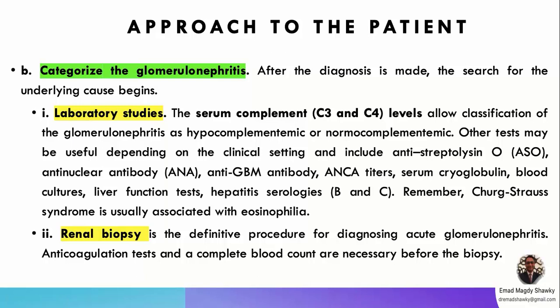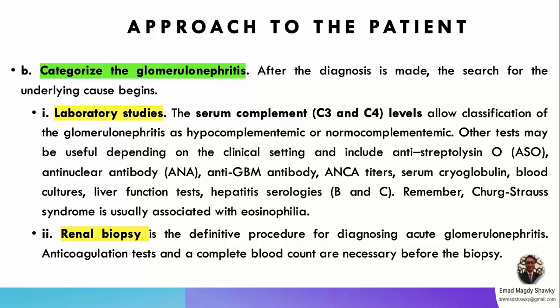Then the renal biopsy. The renal biopsy is the gold standard technique for the diagnosis of any patient with nephrotic syndrome, and we should do renal biopsy for all the patients presenting with nephrotic syndrome.